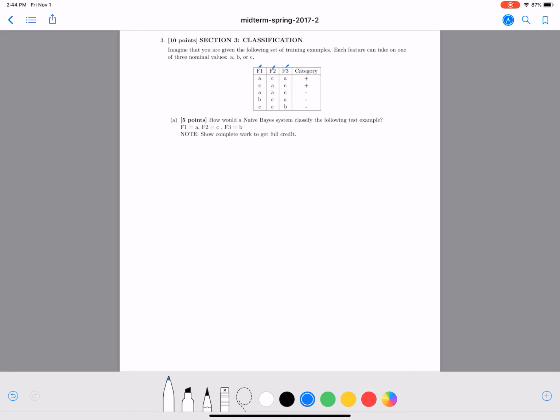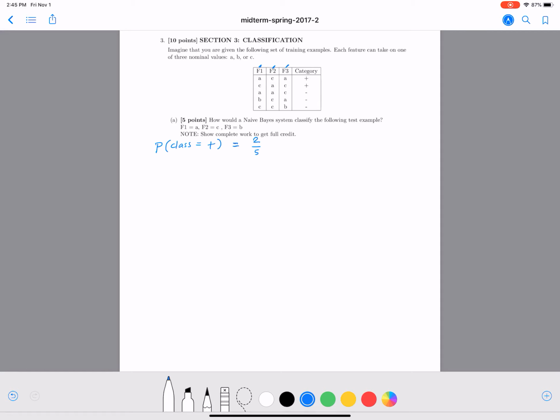We are going to start with probability of class is equal to plus. Now how many pluses are there? 2 out of 5. So probability of class equal to plus is 2 over 5.